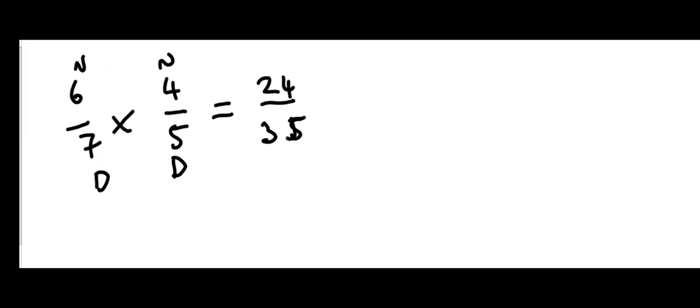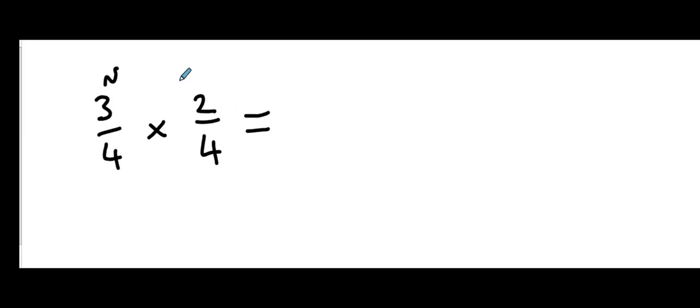Right, let's take one more example. This time we're going to multiply 3 over 4 by 2 over 4. Again, numerator times numerator, denominator times denominator. So 3 times 2 gives us 6, and then 4 times 4 gives us 16.